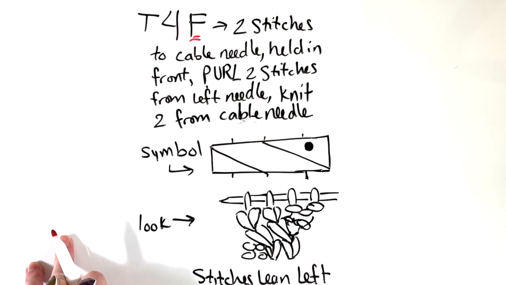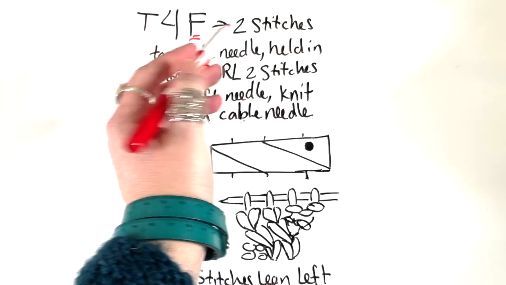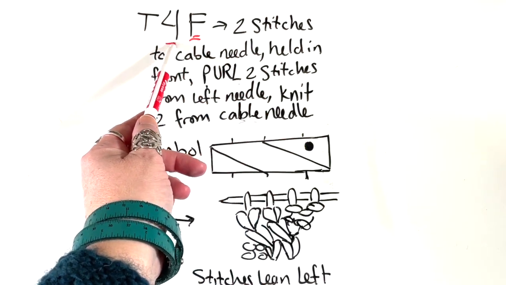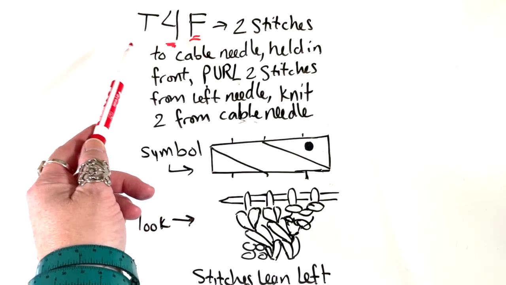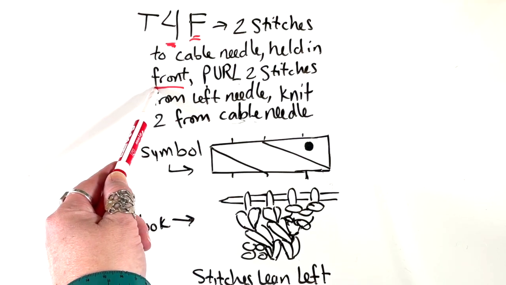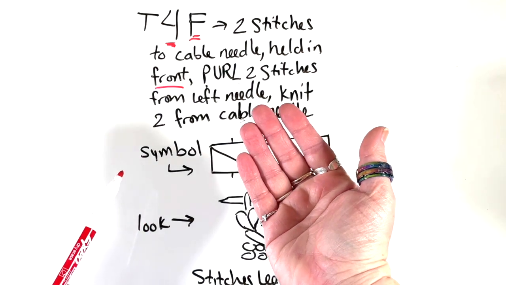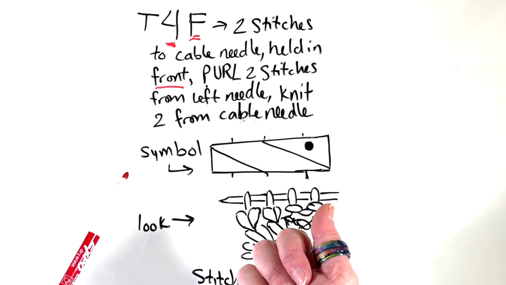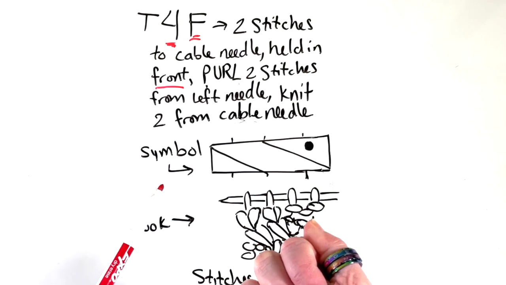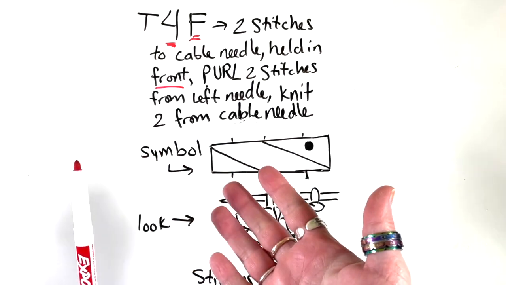The first step in any cable, in this case because it's a 4-stitch total cable, is to take 2 stitches to the cable needle and hold in front. So the cable needle stitches are the ones that are going to be seen in front. On the other one, they were going to be hiding behind.